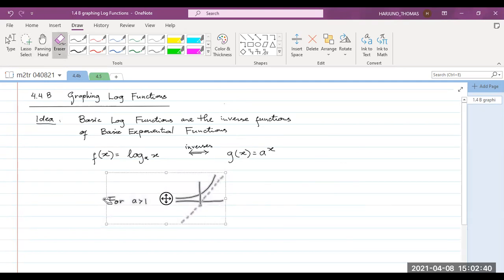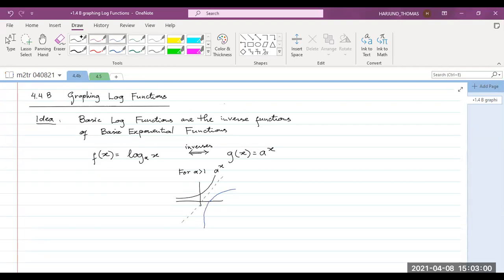So for a greater than 1, now this is our a to the x. When we reflect that with respect to y equals x, the log function will look like this. Basically we reflect that with respect to y equals x. So this point becomes here. This point becomes here.